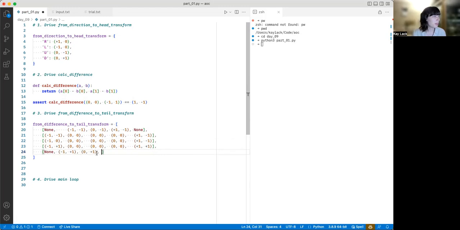I might need to get rid of these plus ones, actually. Plus one is a little dubious, isn't it? I don't know what that will do in Python. Oh, but now it's messed up all my alignment. Why am I starting from the right? Come on. There we go. Okay.